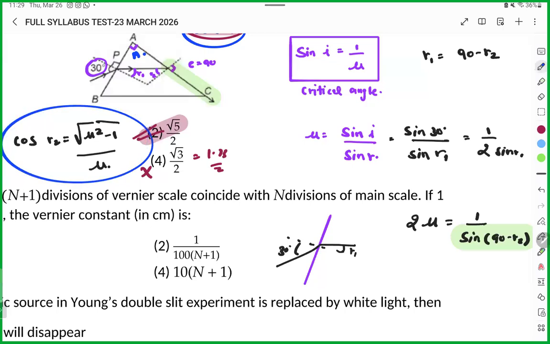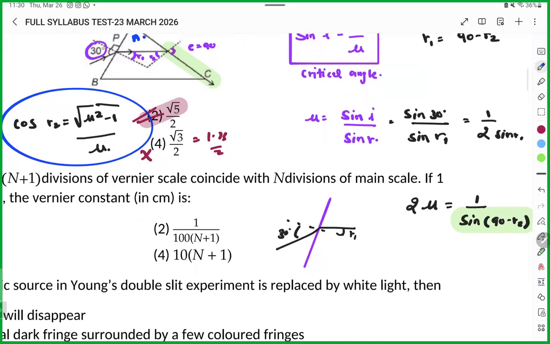Now tell me yourself, is this very confusing? No, no, sir. If not, then this was the explanation. Instead of sine 90 minus theta, sine 90 minus theta is equal to cos theta, so you can put the cos theta value and get the answer.